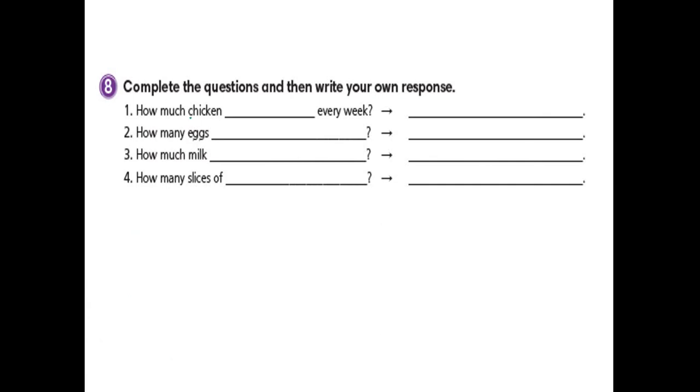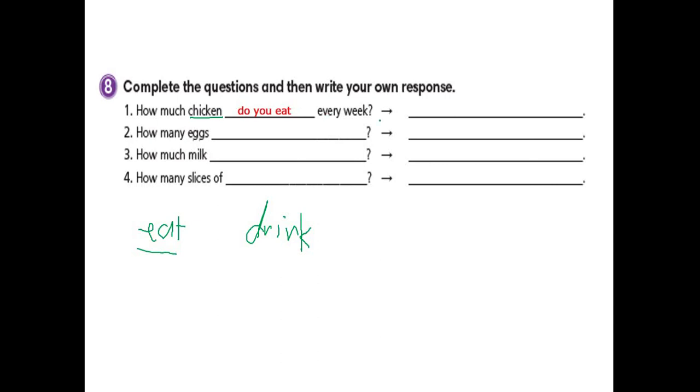Okay. So the word chicken here, is it eat or drink? Again, the chicken, can we eat it or drink it? So if your answer is eat, you will say how much chicken do you eat every week. Don't forget the word do you.